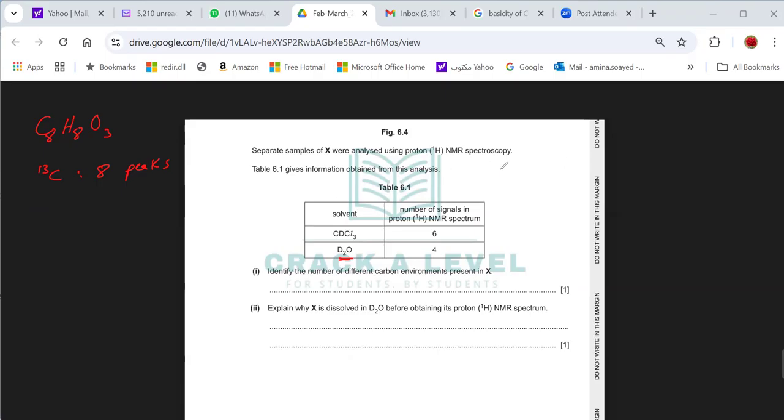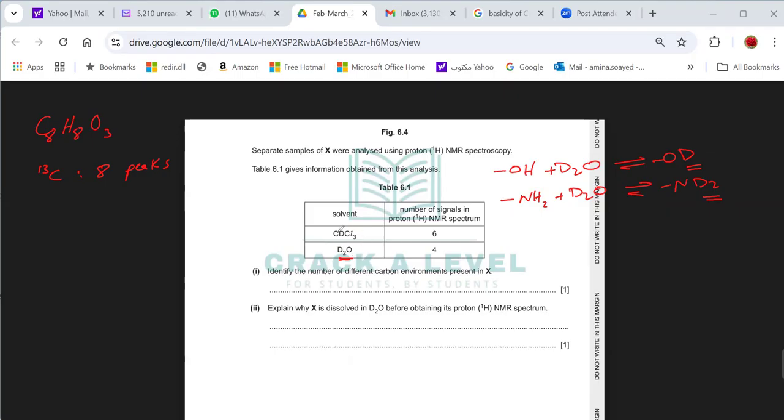Whenever we have an OH or an NH, and we add deuterium oxide, due to the exchange between the deuterium and the hydrogen atom, we will get an OD, and this means that these deuterium atoms are not going to absorb in the NMR, and so we will not get any signal for them.